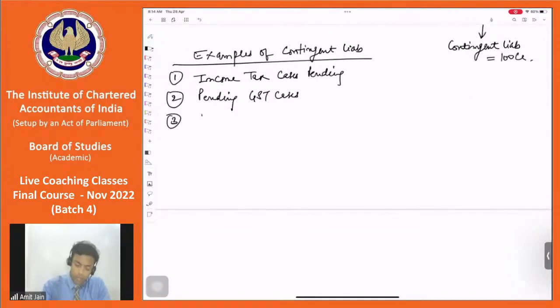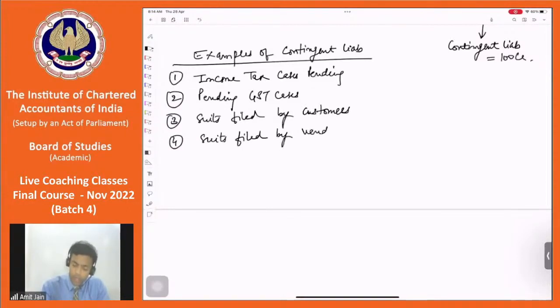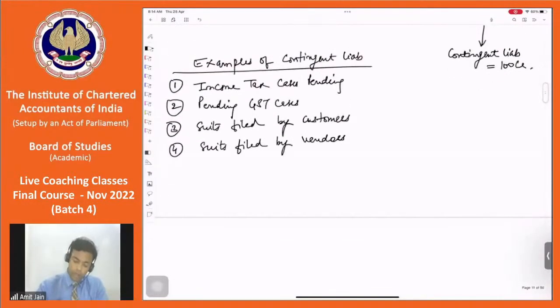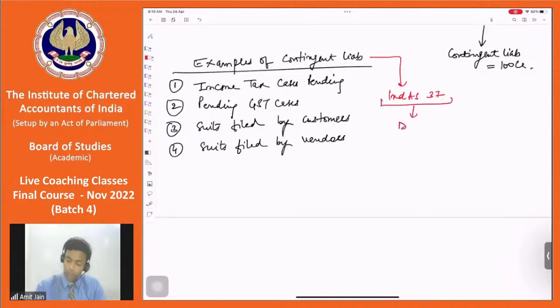Third, suits filed by customers, and filed by vendors. Right? So contingent liability is to be dealt by Ind AS 37, right? And it says disclose.